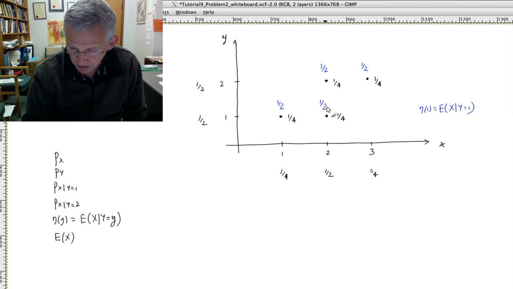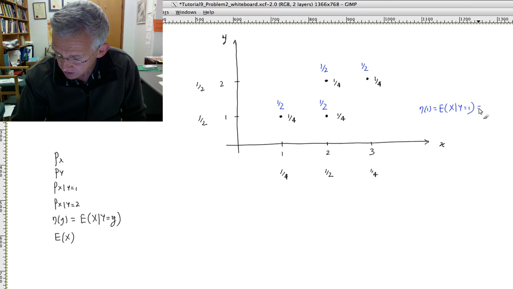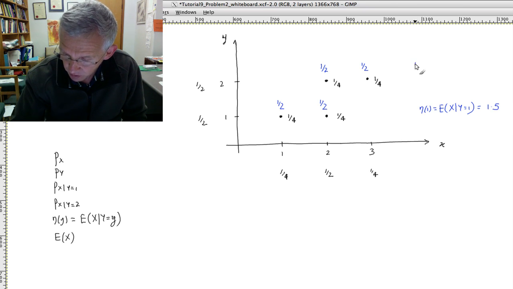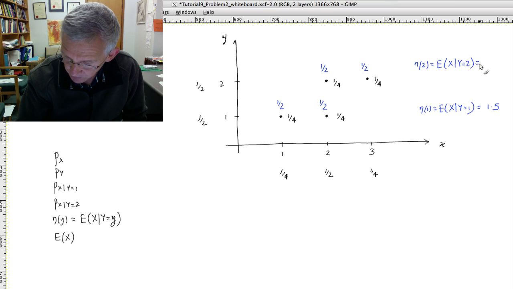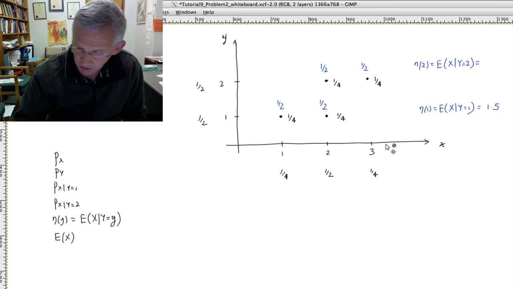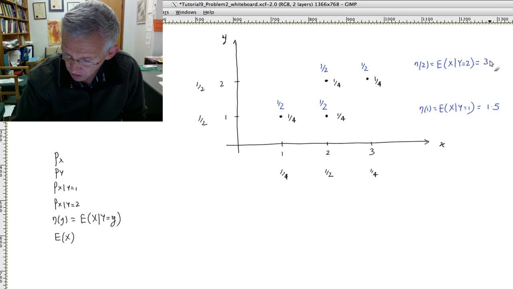Half the time it's 1, half the time it's 2, so this mean is clearly 1.5. And equally, eta of 2 is the expected value of the conditional distribution of x when y is set to be 2. Half the time it's 2, half the time it's 3, so it has a mean of 2.5.